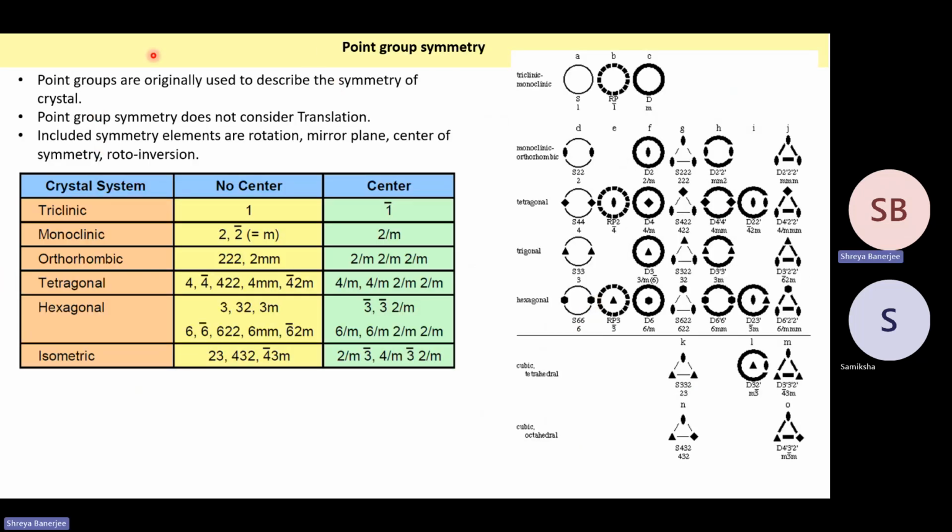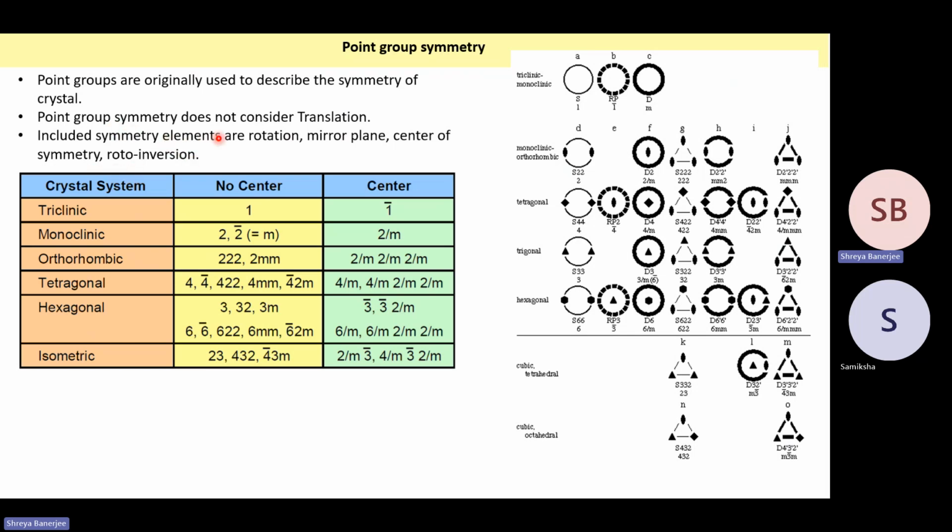Okay, now you can have different point groups to explain the symmetry of the molecule. We don't need to go into too much detail of it because this is a very complicated topic. A molecule can have different symmetry elements, right? Like rotation or reflection plane or center of symmetry or rotoinversion.